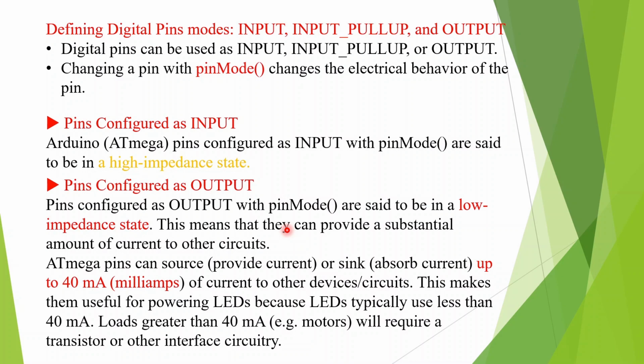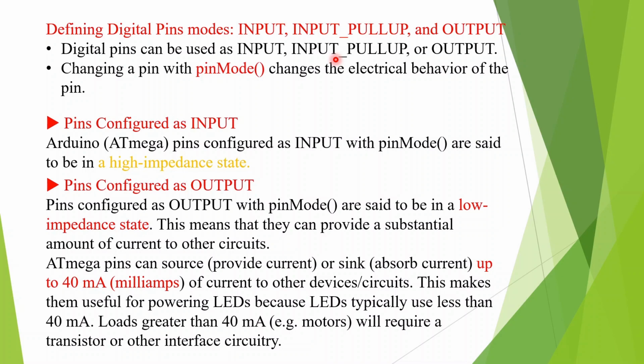Now the next constants already built into the C language are INPUT, INPUT_PULLUP, and OUTPUT. Digital pins can be used as INPUT, INPUT_PULLUP, or OUTPUT, depending on whether we are going to send data to output devices or receive data from input devices.